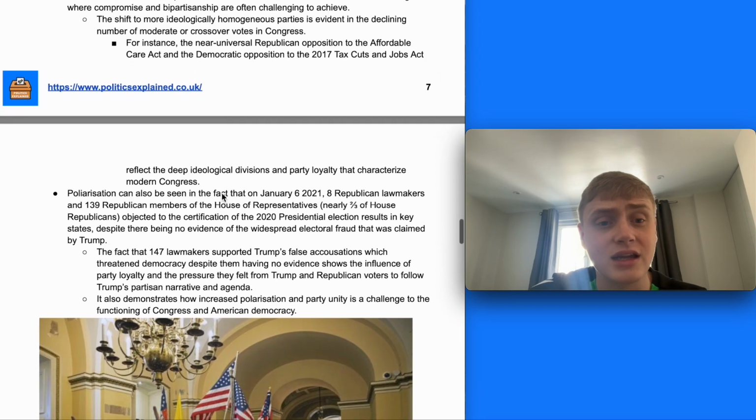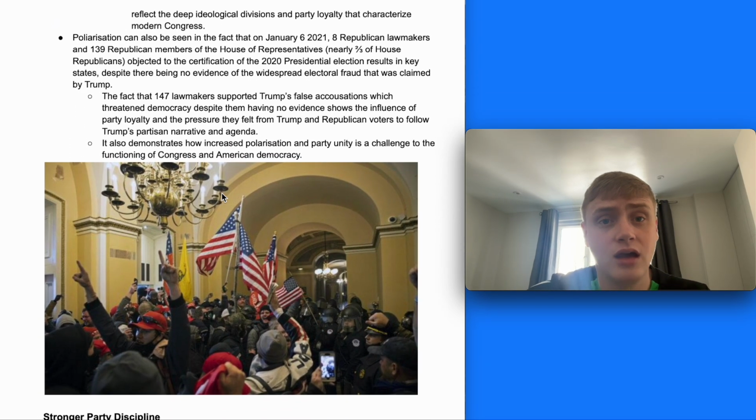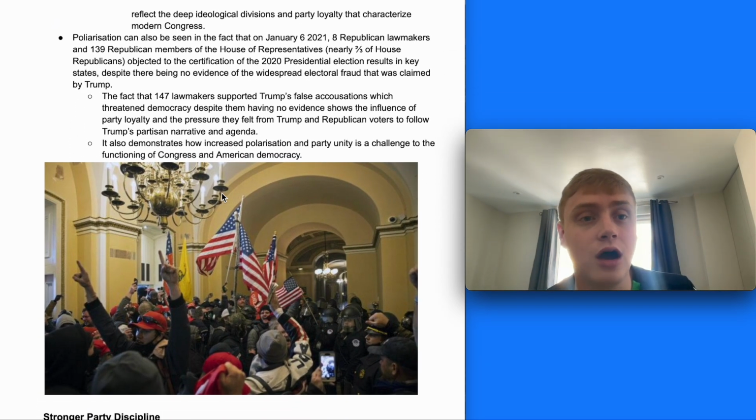And this can also be seen in the fact that on January the 6th, 8 Republican senators and 139 Republican members of the House of Representatives, so nearly 2/3 of House Republicans, objected to the certification of the 2020 presidential election results in key states, despite there being no evidence of the widespread electoral fraud that was claimed by Trump.